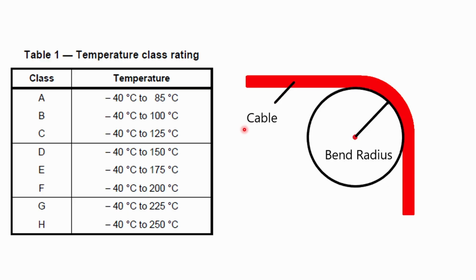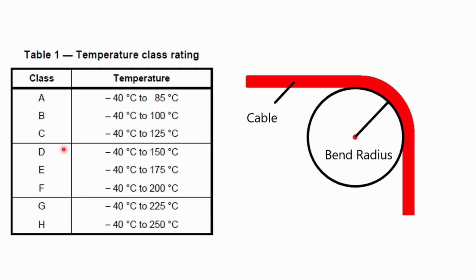So here another important factor is the temperature class rating of the wires. The wire temperatures here are divided by A, B, C up to H class. So A is the least temperature band wire. The wire can ideally work from minus 40 degrees Celsius to 85 degrees Celsius.